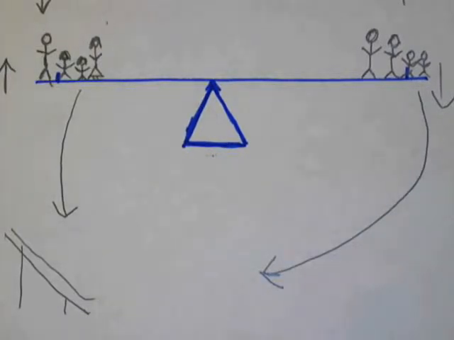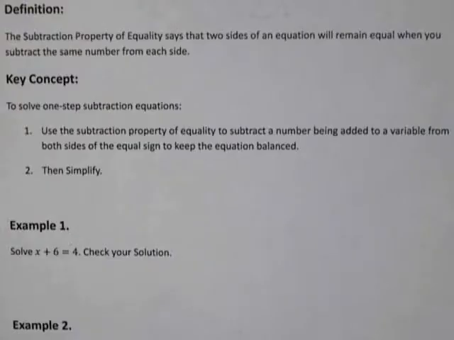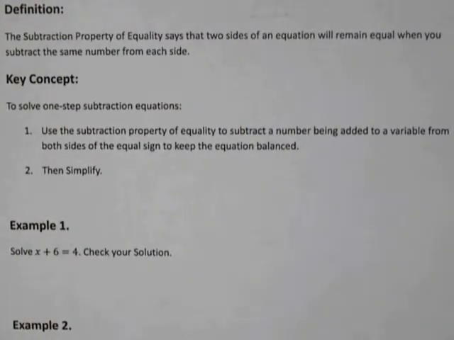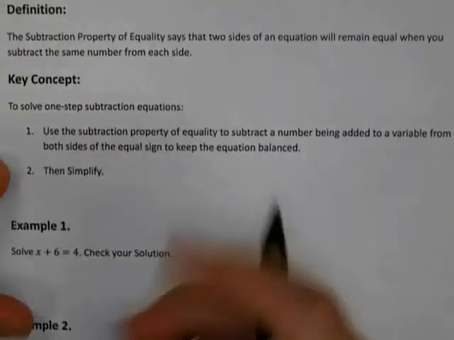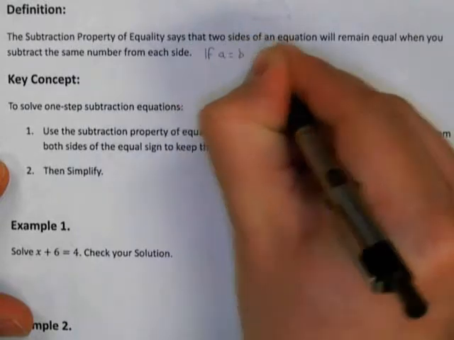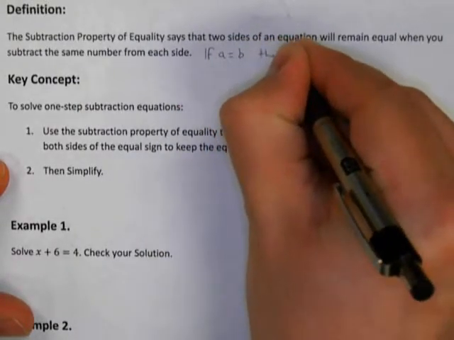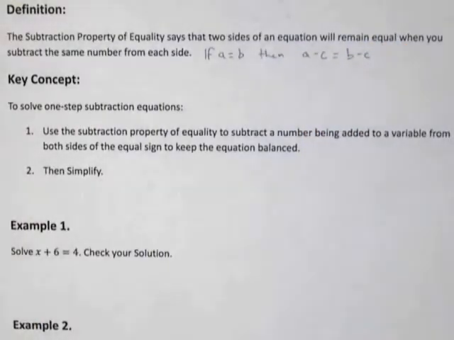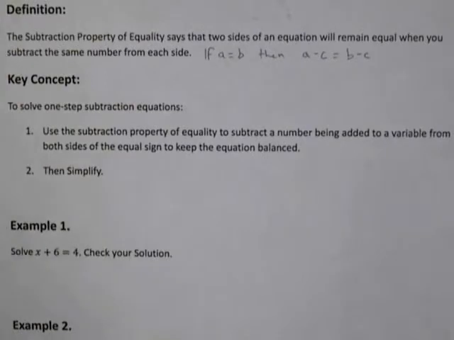That is what this definition is saying: two sides of an equation will remain the same when you subtract the same number of people from each side. So it says that if A is equal to B, then A minus C is equal to B minus C. Because A and B are the same, if you're subtracting the same amount, nothing is changing.